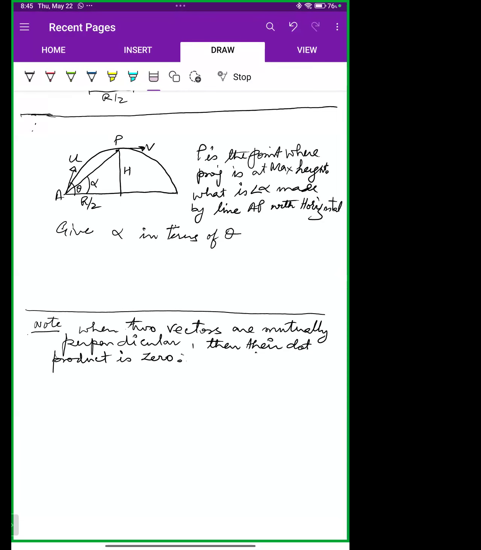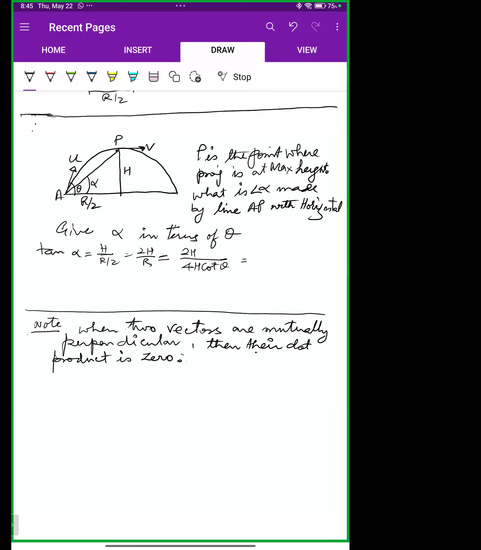Sir, excuse me. Are we getting tan alpha is half tan theta? Yes, sir. Okay. Same I am also getting. Tan alpha is h divided by r by 2, which is equal to 2h by r. And you know what is 2h by r? R upon h is 4 cot theta. So 2h and r is 4h cot theta.